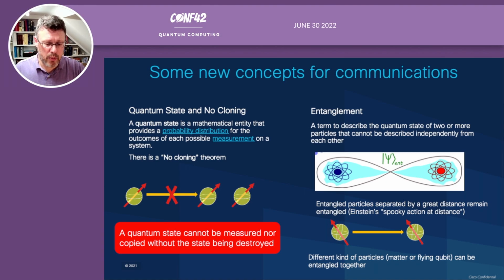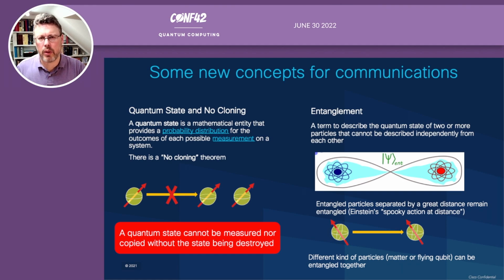Interestingly enough, if we're working in terms of quantum state and entanglement, it's impossible to clone an unknown quantum state. In other words, we cannot copy quantum state if we don't know what it is. That makes the prospect of having a secure quantum network in the future appealing if we were able to take advantage of this theorem, the no-cloning theorem.